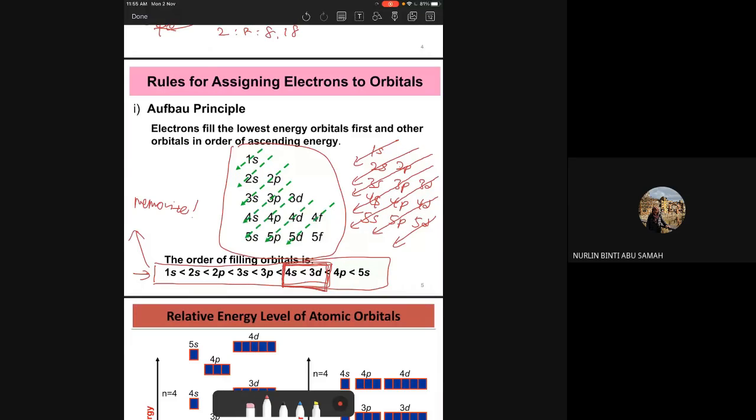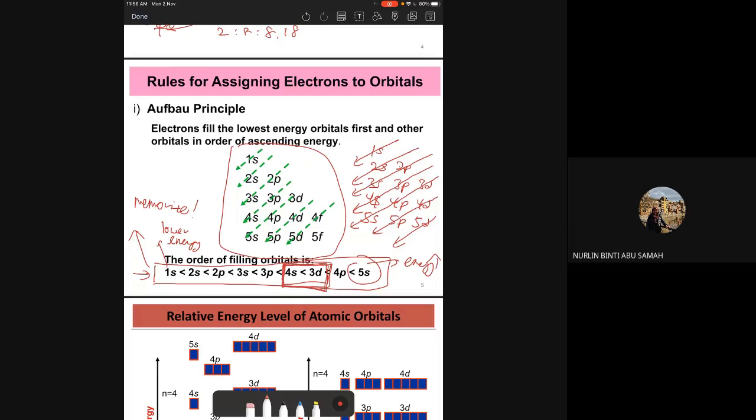Susunan tu dia ikut energi, kekuatan energi tu. Maksudnya from lowest, satu S tu adalah yang paling rendah energi dia. Lepas tu dia makin tinggi, contoh sampai ke 5S ni, ni energi sangat tinggi. Yang ni lower energy. Okay, faham. Thank you doktor.